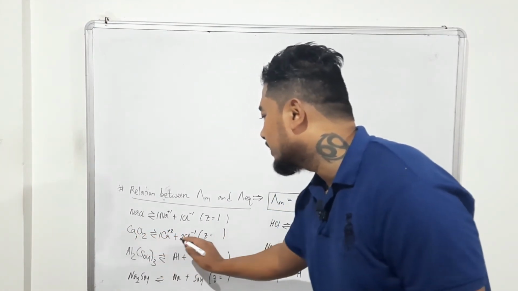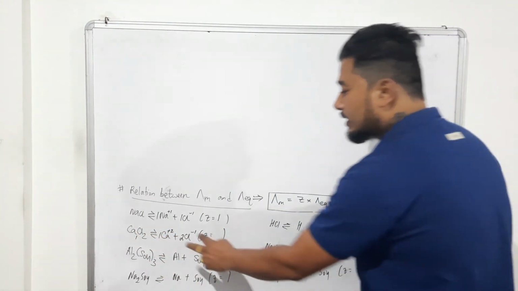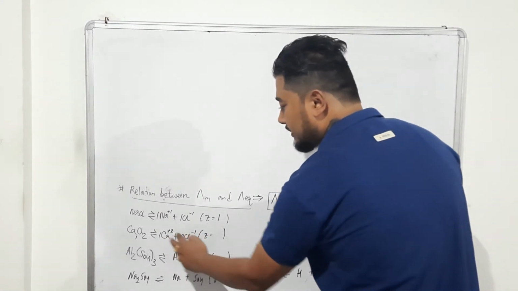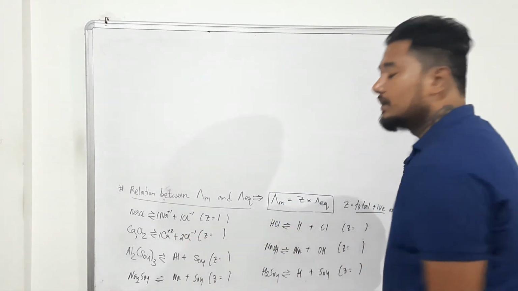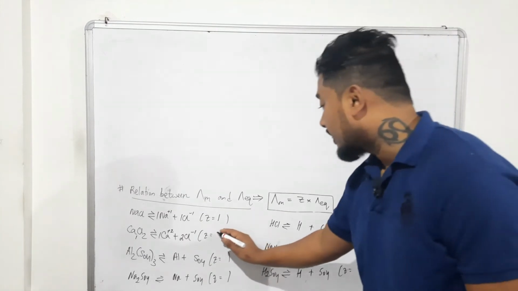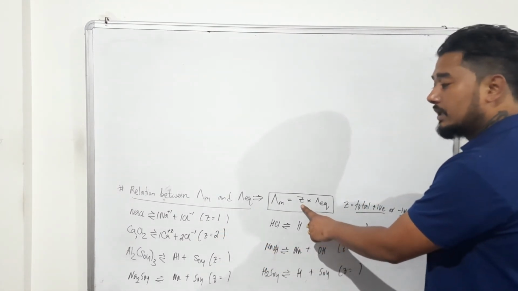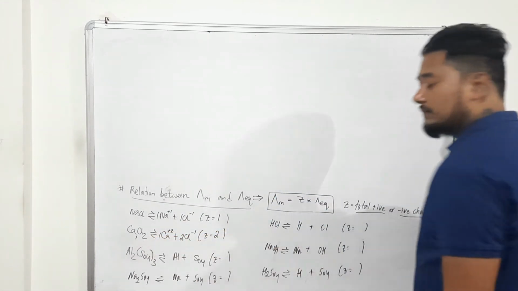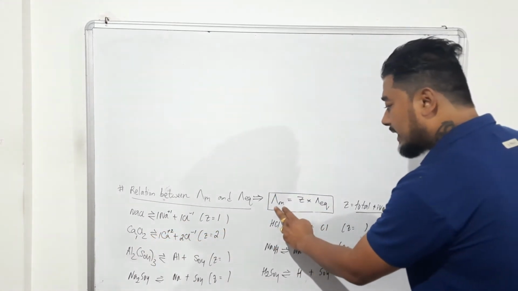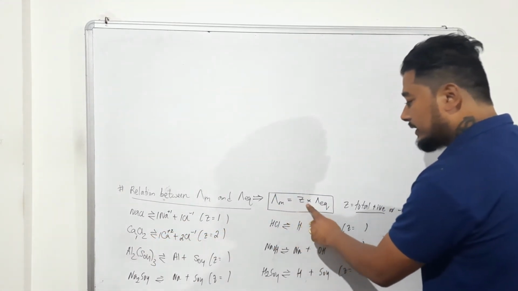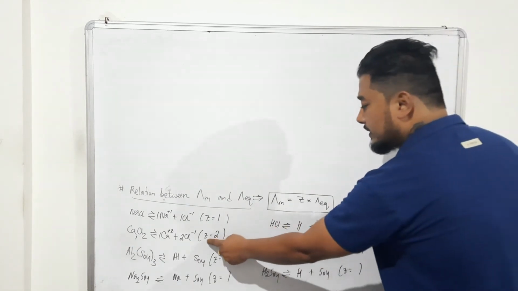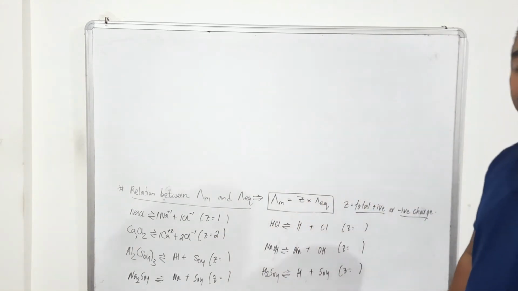And how many chlorine you see? 2. Now let us multiply the charge. 2 ones are 2 plus, 2 ones are 2 minus. So 2 plus 2 minus means charge is 2. So put here 2. So for calcium chloride, lambda m is equal to 2 into lambda eq. I am replacing z with 2. This is how we find the z.